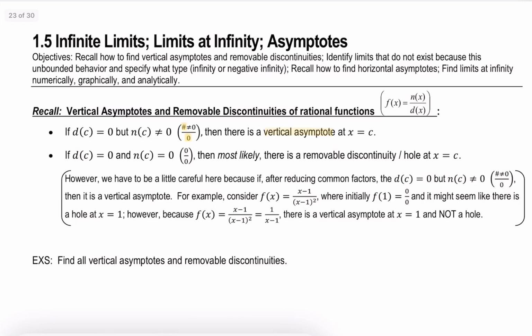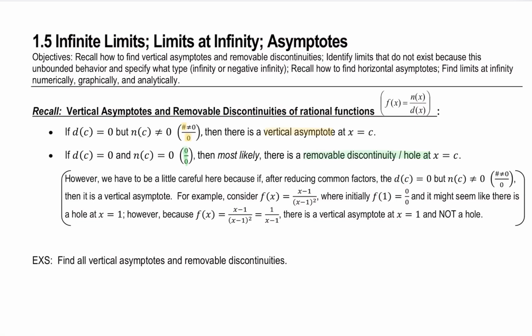And when you get a 0 over 0, this is typically going to be your little removable discontinuity. We have to have this little caveat, but most of the time that's when you get your little hole in the graph.